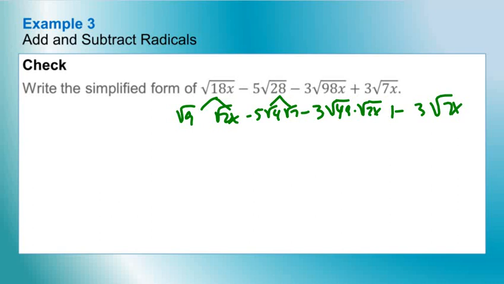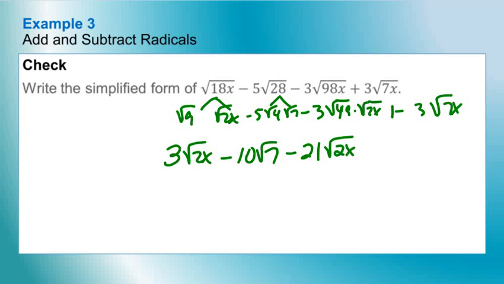Now if I combine things, I have 3 square root of 2x, minus the square root of 4 is 2, so 10 square root of 7, minus 3 times 7 is 21 square root of 2x, and then plus 3 square root of 7x.